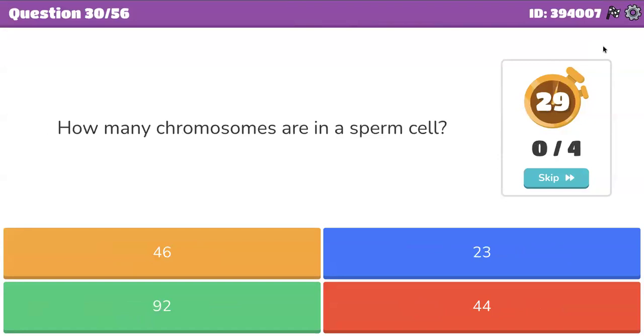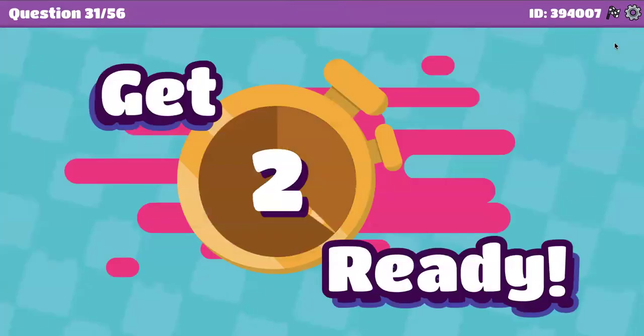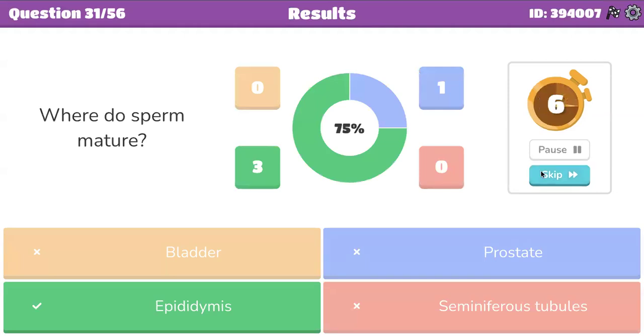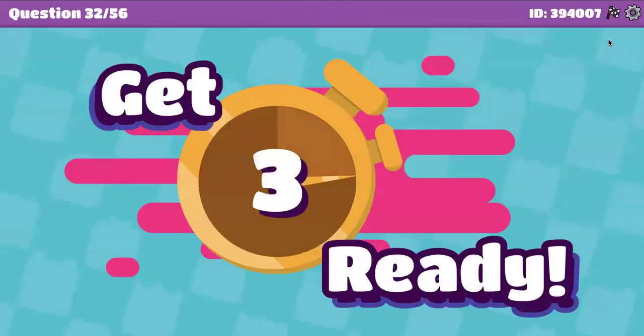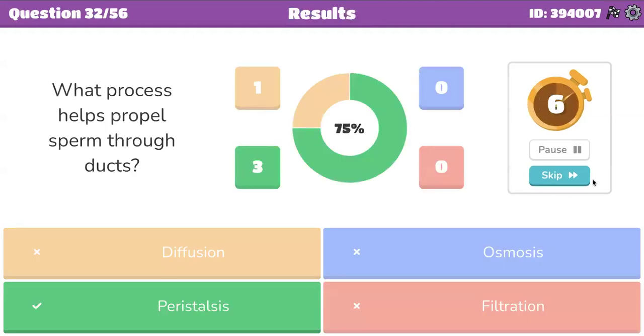How many chromosomes are in a sperm cell? 23. Where does sperm mature? In the epididymis. What process helps propel sperm through ducts? Peristalsis.